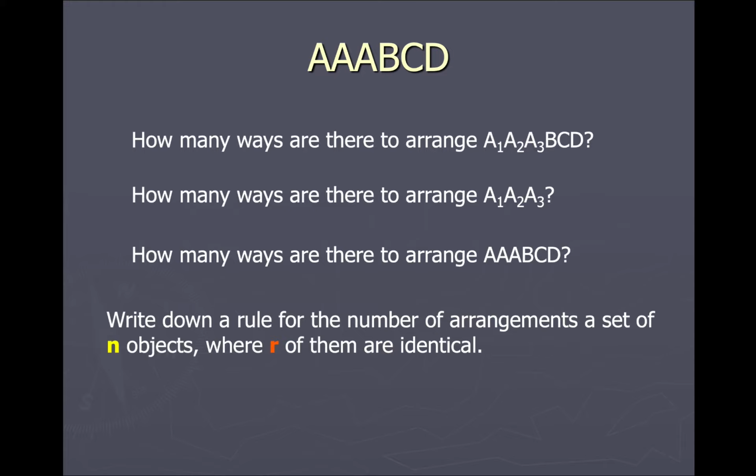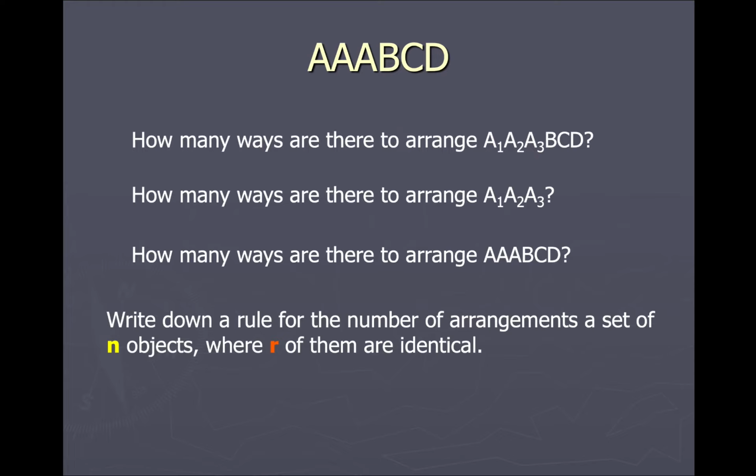Now consider 3 A's, B, C and D. To do this, consider how many ways there are to arrange A1, A2, A3, B, C and D. Then consider how many ways there are to arrange A1, A2, A3. You can then work out how many ways there are to arrange 3 A's, B, C, D. Write down a rule for the number of arrangements of a set of n objects where R of them are identical.